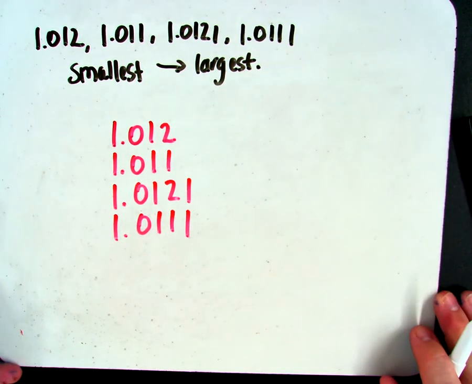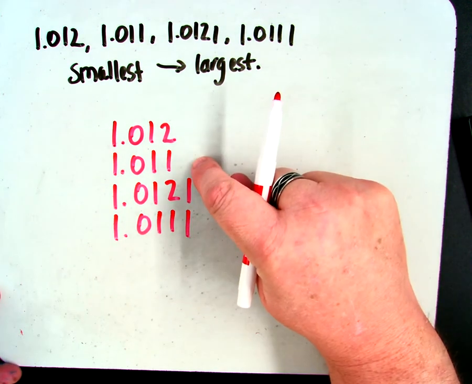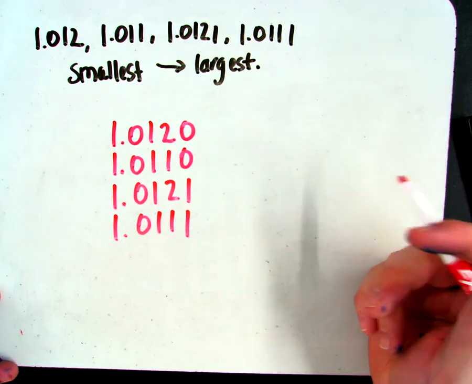Okay, here we have the numbers, Tim, aligned vertically anchored on their decimal points, like you said. What do we do with these empty spaces? Add zeros. Very good.